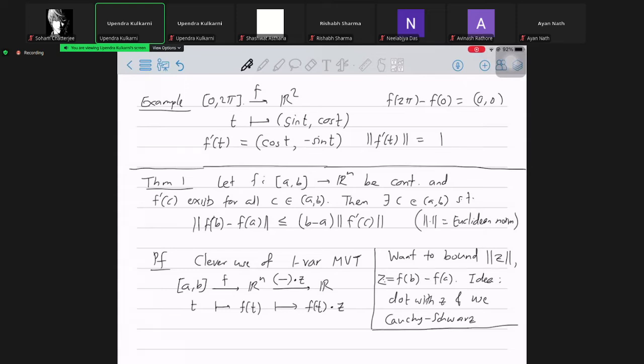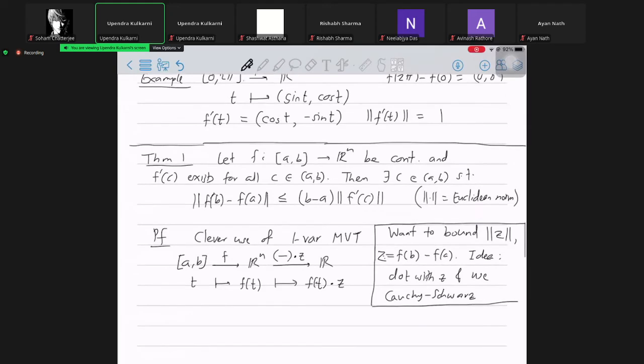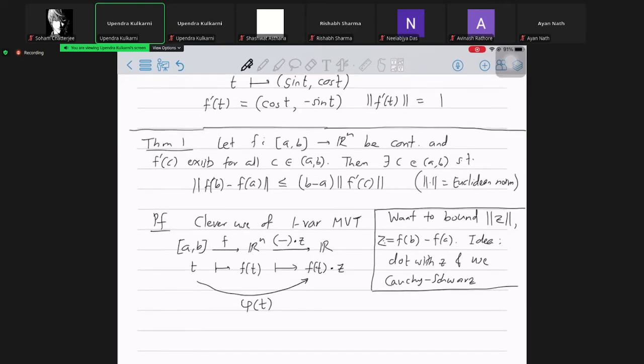I'm putting this on the side because it really is not a precise idea until now. But let's take a look at this function, and I'm going to call this function phi of t. Okay, very good.